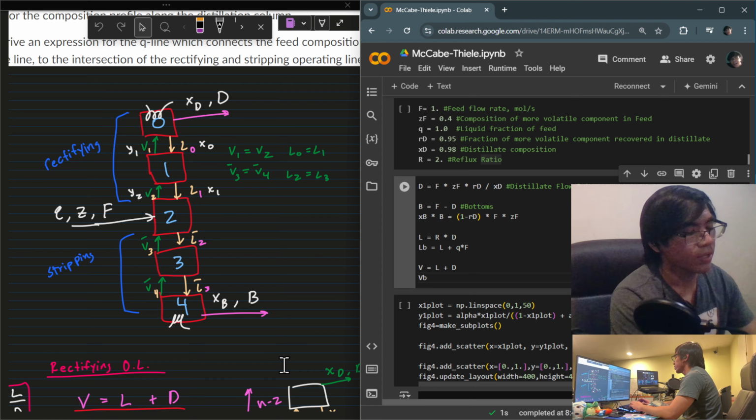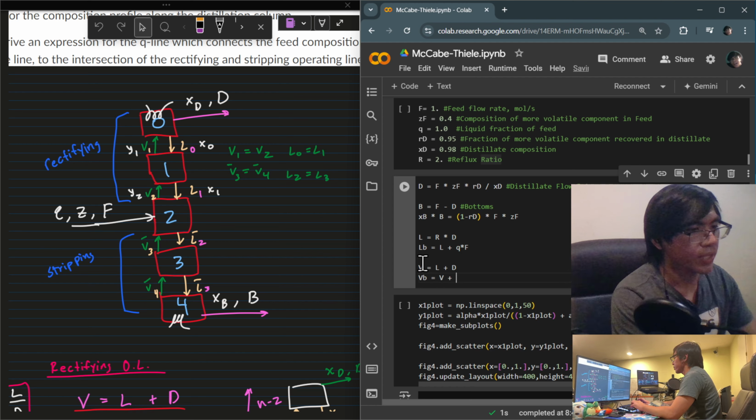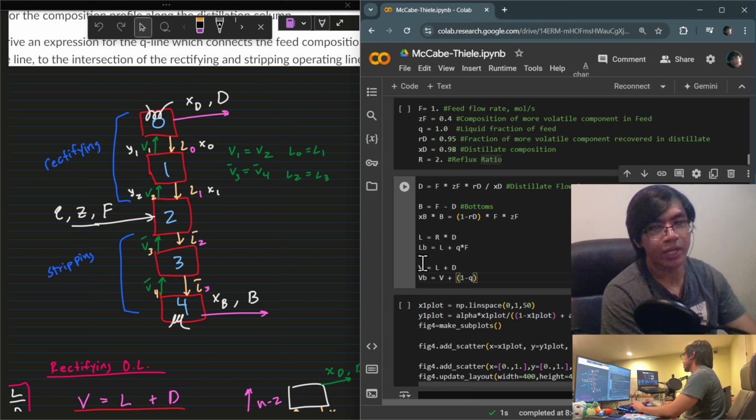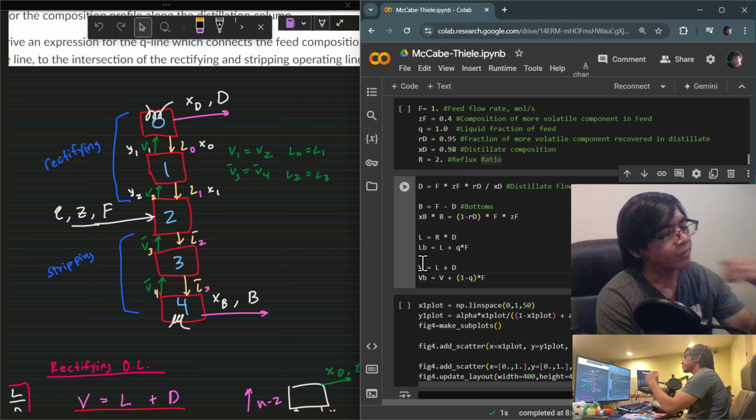And V at the top, our vapor molar flow rate coming up top, must be equal to the vapor flow rate from the bottom, V bar going in, plus our vapor fraction of the feed. So V bar plus our vapor fraction of the feed, 1 minus Q. Remember, Q is a liquid, so 1 minus that is our vapor times our feed.